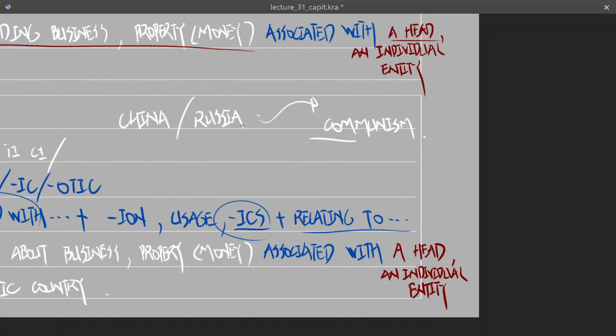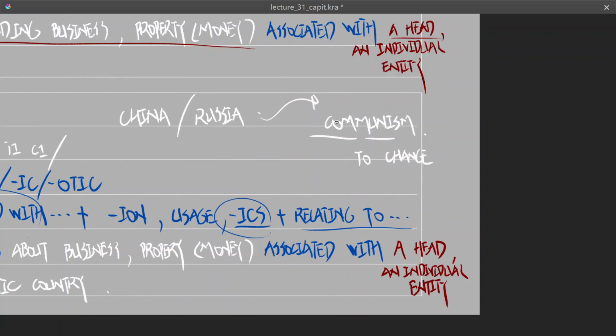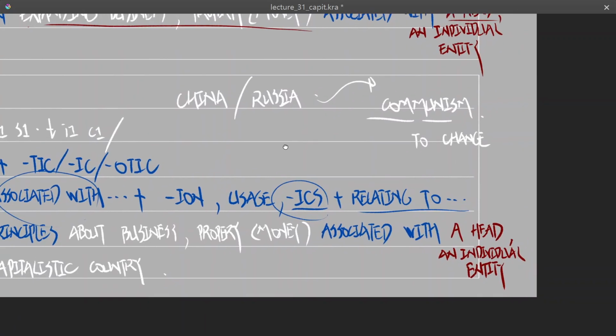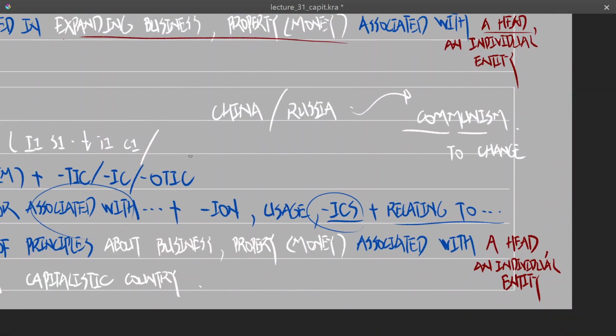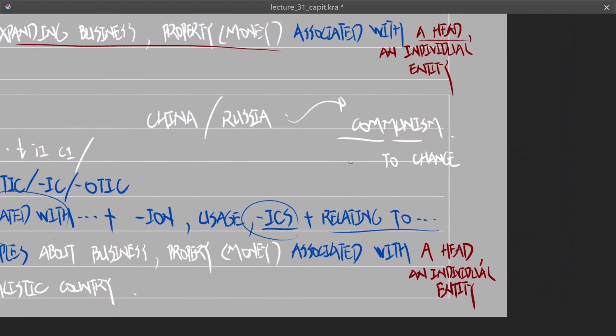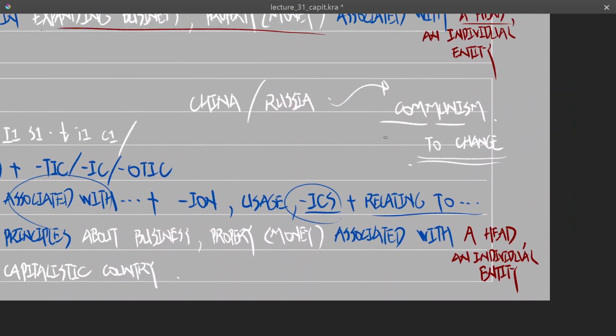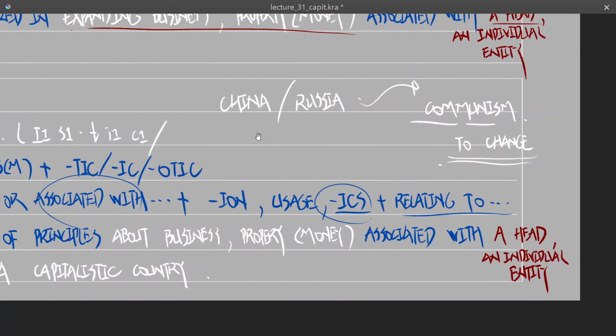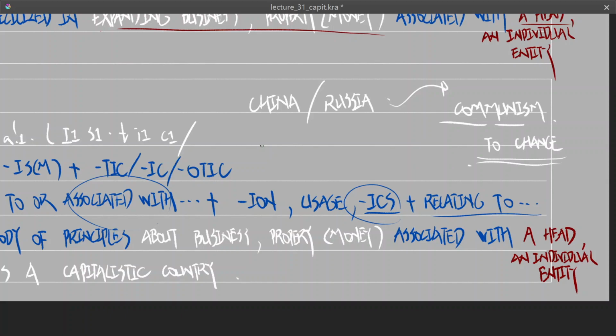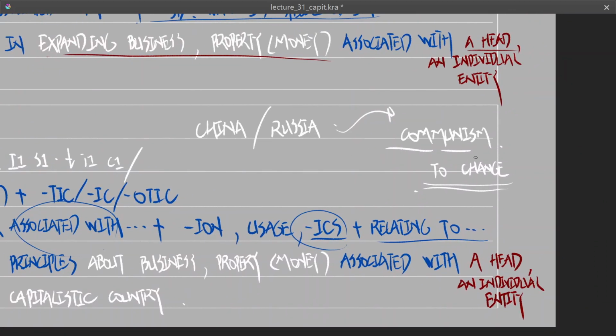We have the prefix COM, meaning together or completely, and MON is a variant of MOT, meaning to change. So communism means a body of principles about changing all business or all the properties together. In other words, individuals don't have their personal properties. So communism compared with capitalism.